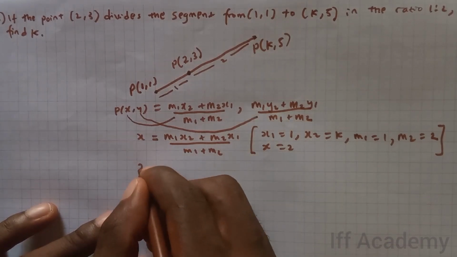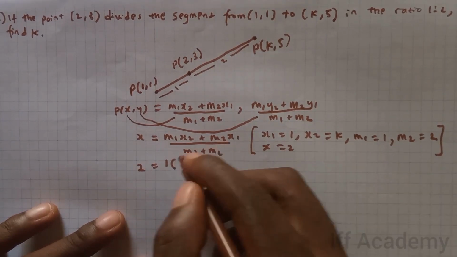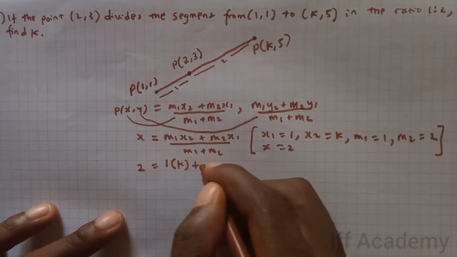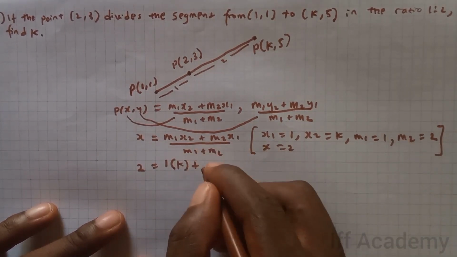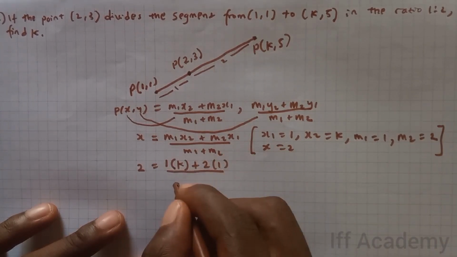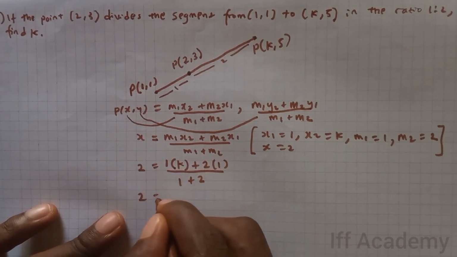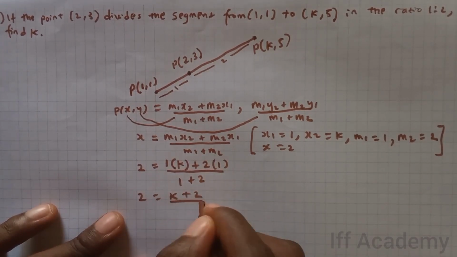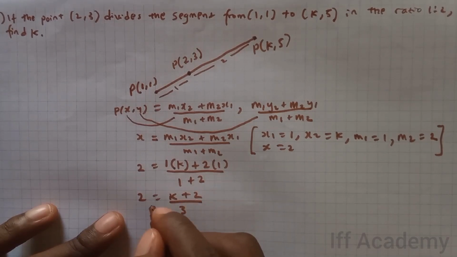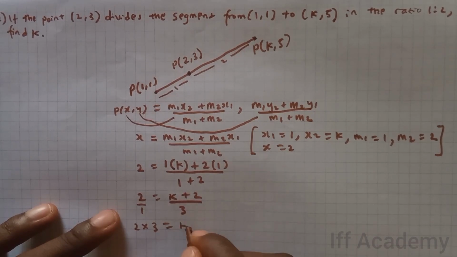So we have that 2 is equal to m1 is 1, x2 is k, and m2 is 2, x1 is 1, and we have m1 plus m2 as 1 plus 2. So 2 is equal to (k plus 2) over 3. If I cross multiply, I have 2 times 3 is equal to k plus 2.